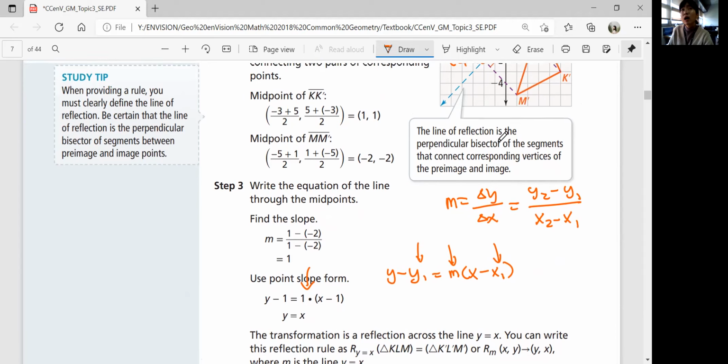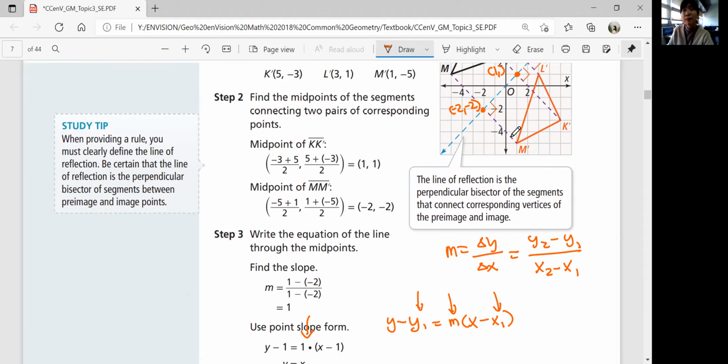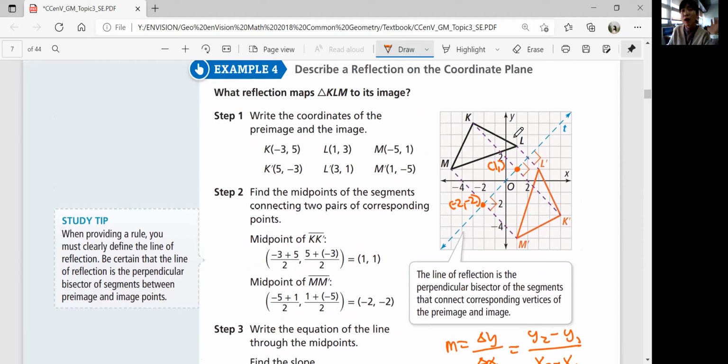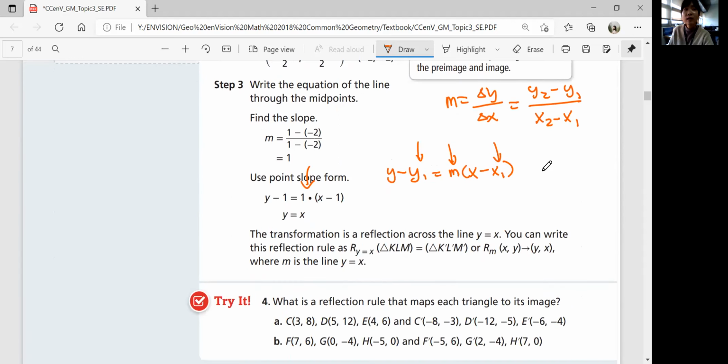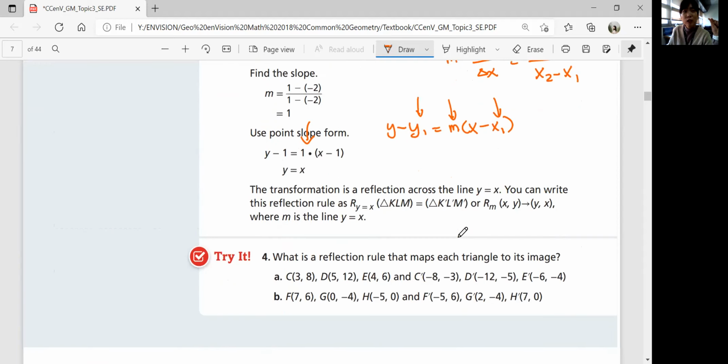You do not have to have reflection on the x or y axis all the time. You have numerous lines of reflections depending on what your line is, right? So in this case, you're reflecting your pre-image on the y equals x line. That is your line of reflection.